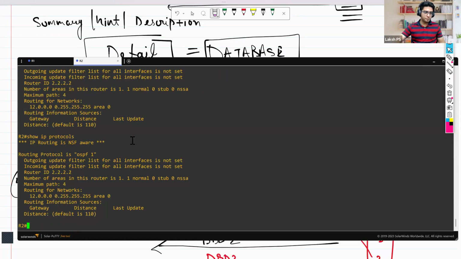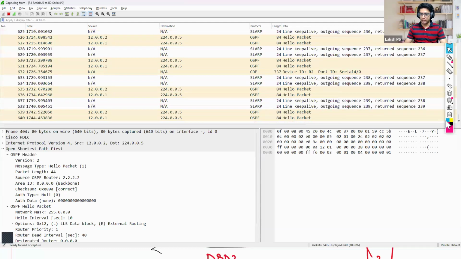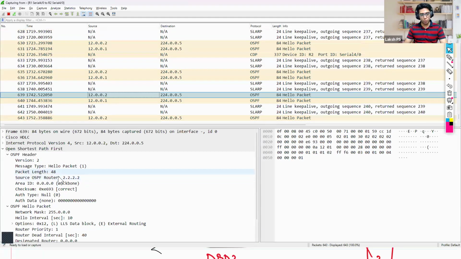Now, what has happened here is that the router ID is already chosen. Let's go on the Wireshark and check this in real time. From R2, you will still see the router ID being published as 2.2.2.2.